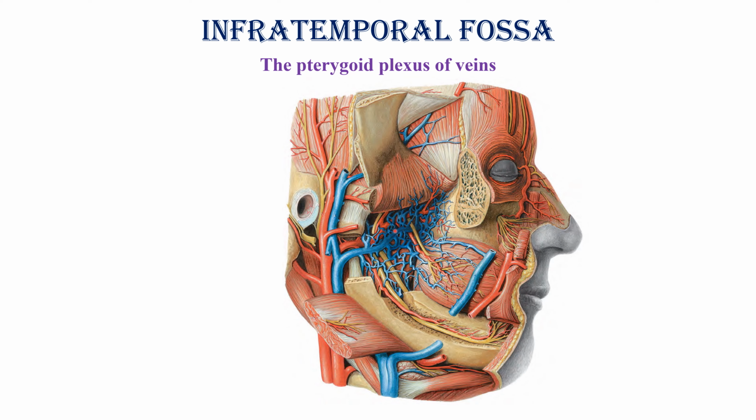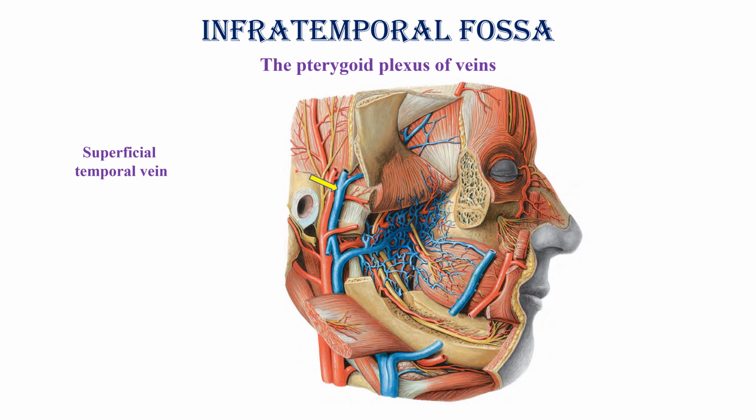That plexus, which is found in the infratemporal fossa, is connected by large veins, and then connected mainly to the sinuses of the dura mater in the cranial cavity, mainly the cavernous sinus.